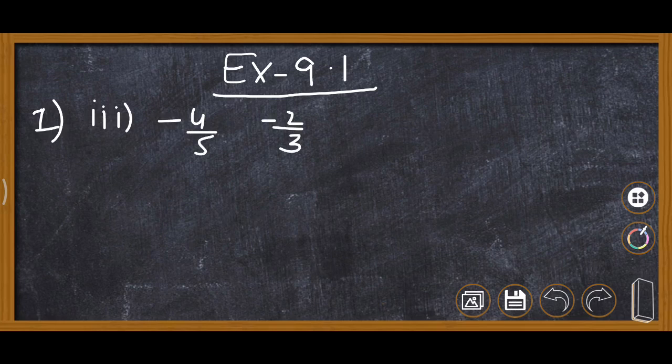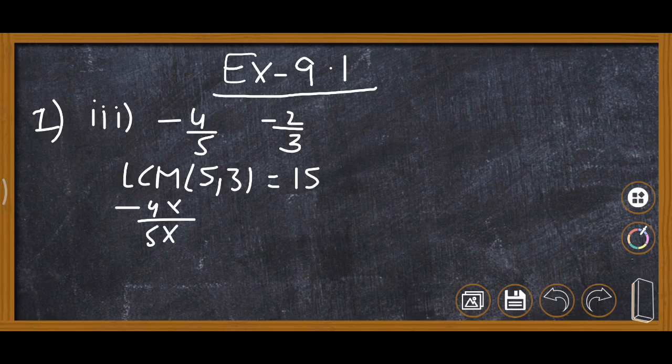Now this is the third part, -4 upon 5 and -2 upon 3. So here you can see the denominators are not the same. So first of all we will take the LCM of the denominators. The LCM of 5 and 3 is 15. Now we will convert the denominator to 15 by multiplying the numerators and denominators. 5 3s are 15, so multiply 3 to numerator and denominator, and 3 5s are 15, so here we will multiply it by 5.